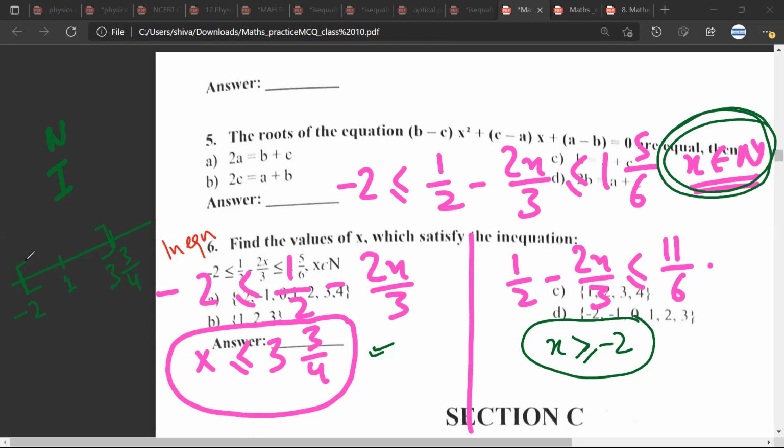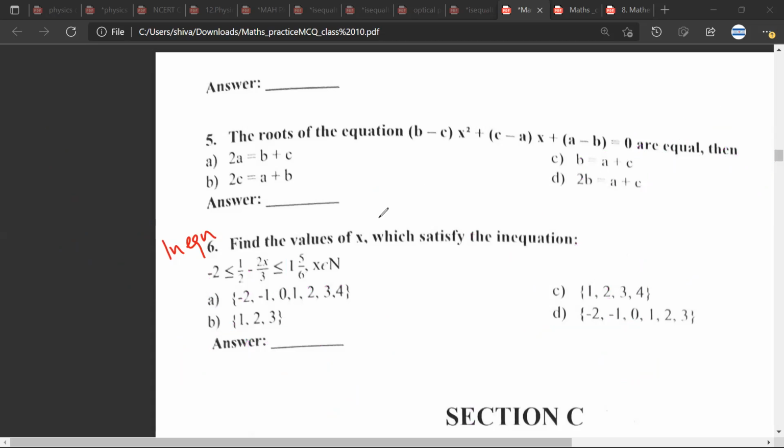Any doubt till here? No doubt. So it will be 1, 2, 3. Again, it won't go till 3 by 4. It will just end here. So the only 3 numbers that you require are 1, 2, and 3.